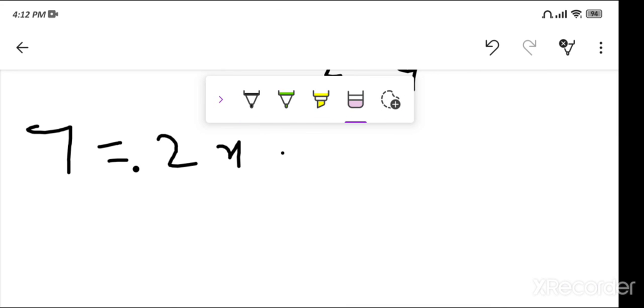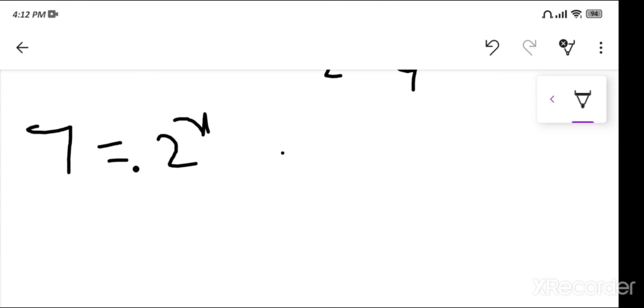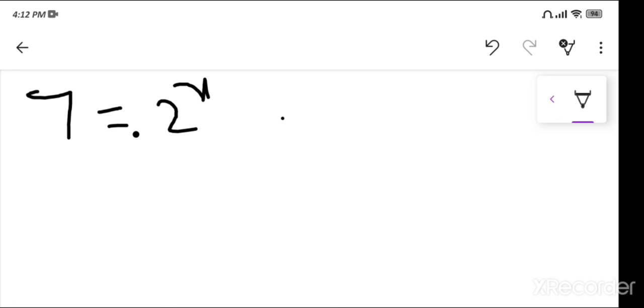Let us take another example. 7 is equal to 2 power x. How are you going to do it? It's simple. I'm sorry if you are hearing background sounds.